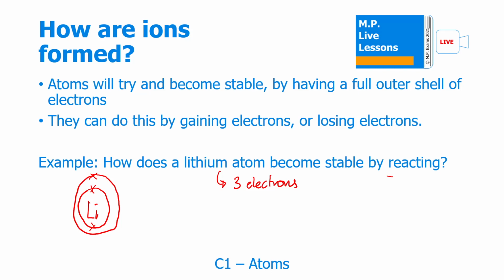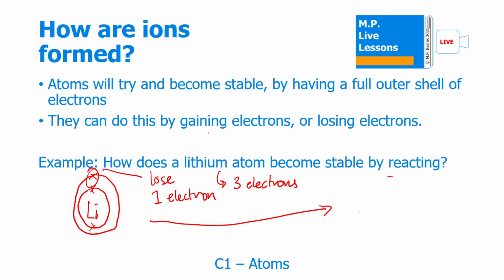Now, what happens is, to have a full outer shell, it can either gain 7 more, or just lose this one on its outer shell. So it can lose this one, so lose 1 electron. So the outer shell is then the one beneath it, which is already full.